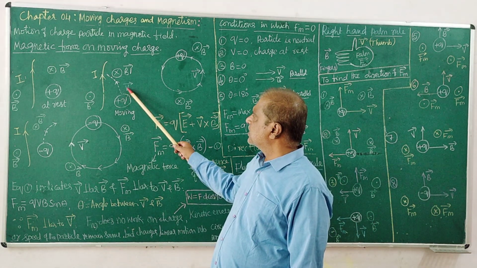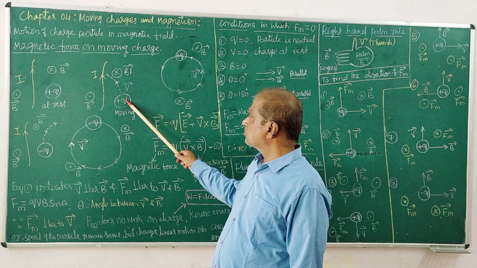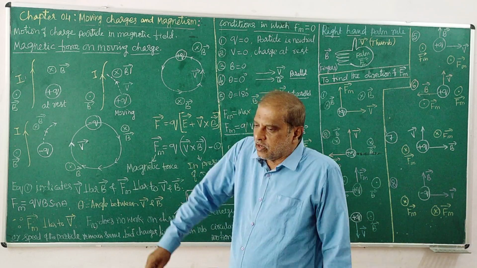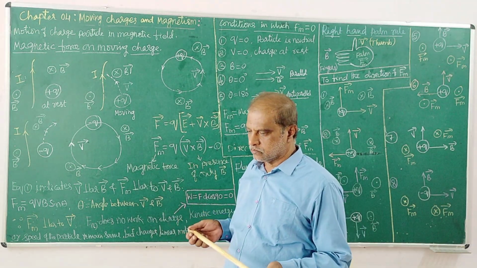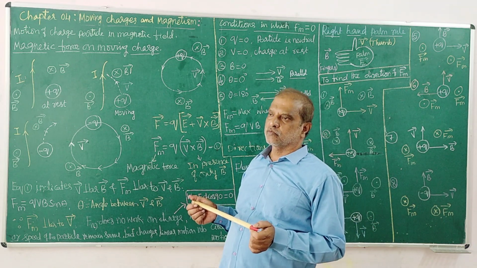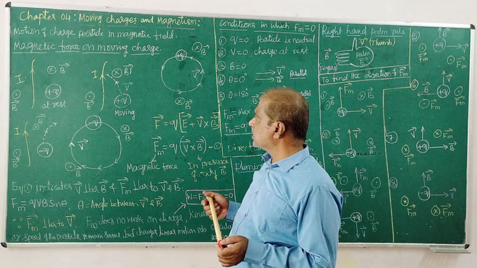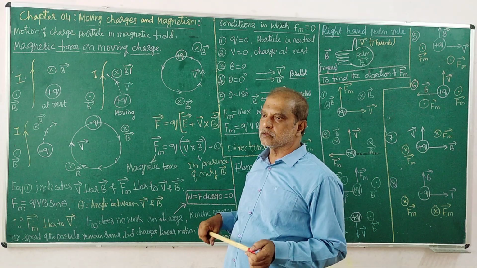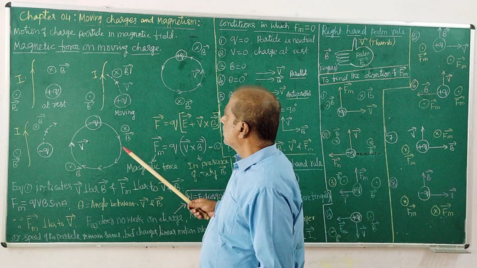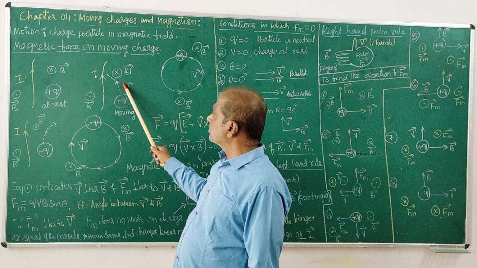Why this deflection on the charge while moving? He understood finally and concluded that there must be some force which drags the charge away from the path of the movement.